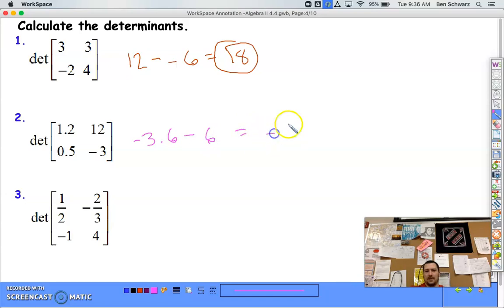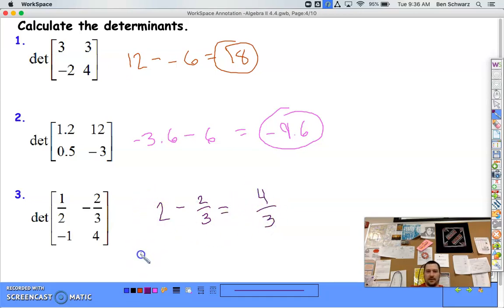So that would give us a negative 9.6. And then finally down here, main diagonal 1/2 times 4, and that would be 2, minus negative 2/3 times negative 1, that's going to be a positive 2/3. So that would get you 4/3 because the 2 is technically 6/3, right? So 4/3 is that determinant there.